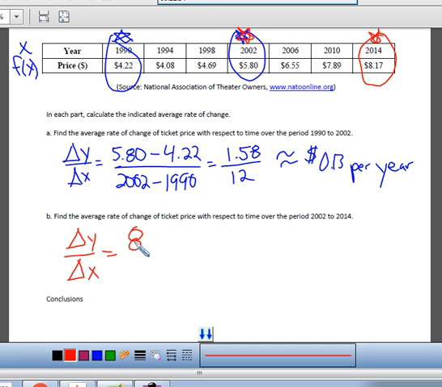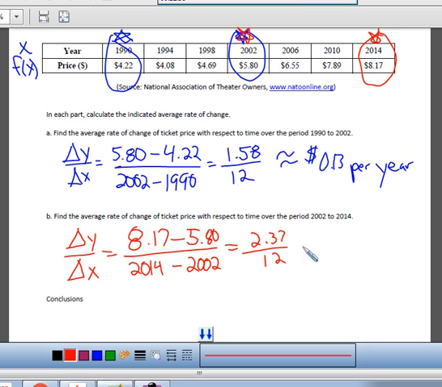So we got 8.17, take the second one minus the first one, 8.17 minus 5.80 over 2014 minus 2002, or 12, I'm sorry, and we get 2.37 over 12, and that is approximately 20 cents per year.